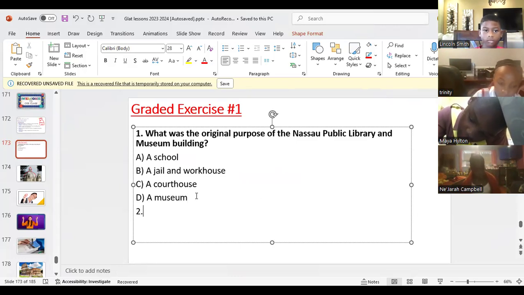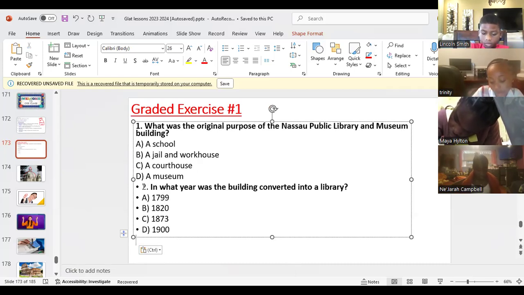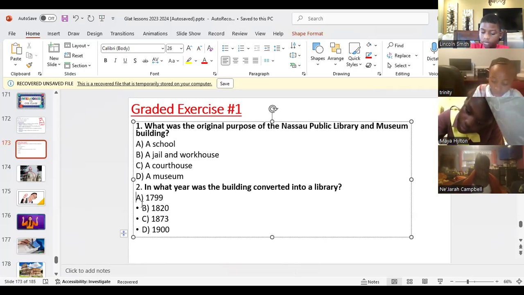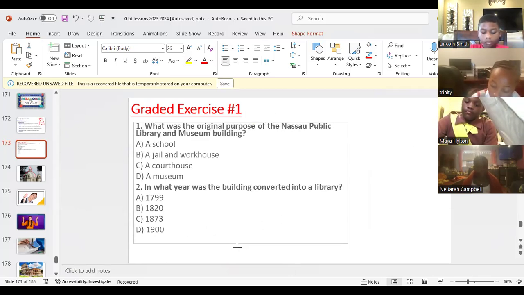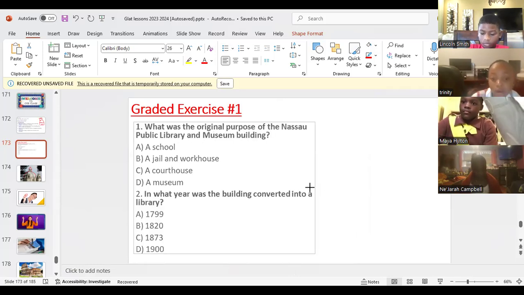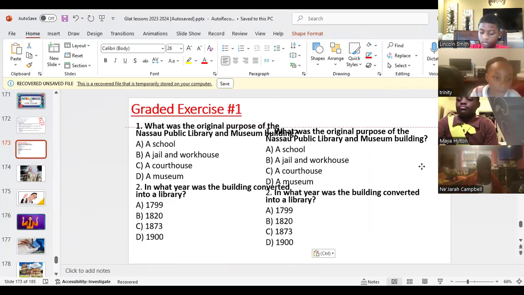Number 2, in what year was it converted into a library? And then we have number 3 and 4.